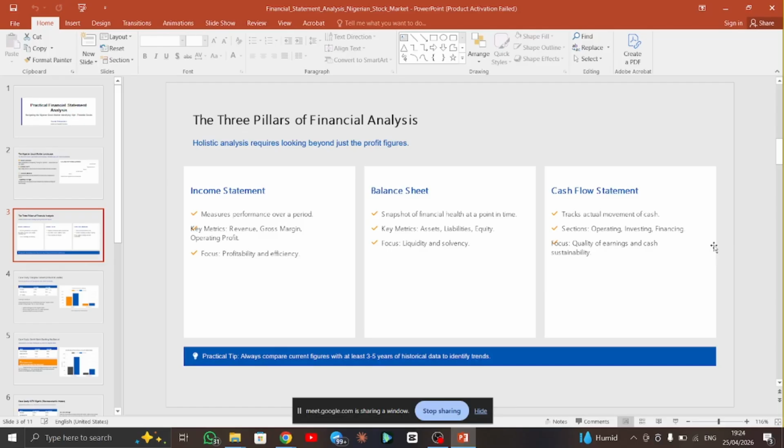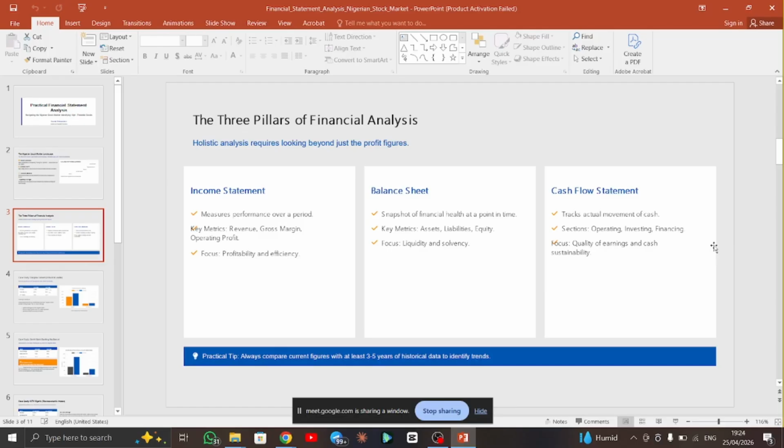Every financial statement of a company must have these three categories. You must be able to see their income statement, their balance sheet, and their cash flow statement. So we are going to look at them one after the other and know what each of them is all about.